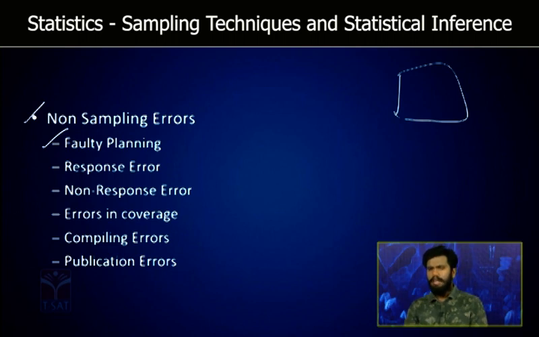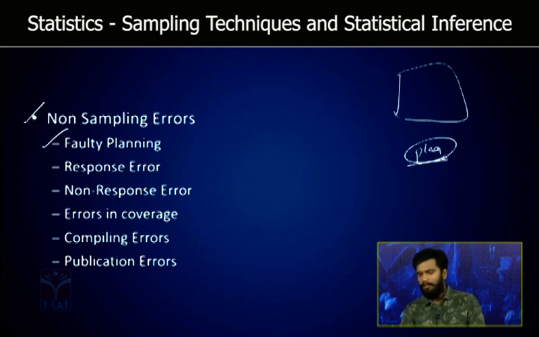So this all comes under sampling planning. So we have to plan everything before we go for sampling. If there are any errors occurring in the planning, then that kind of errors we can call faulty planning.